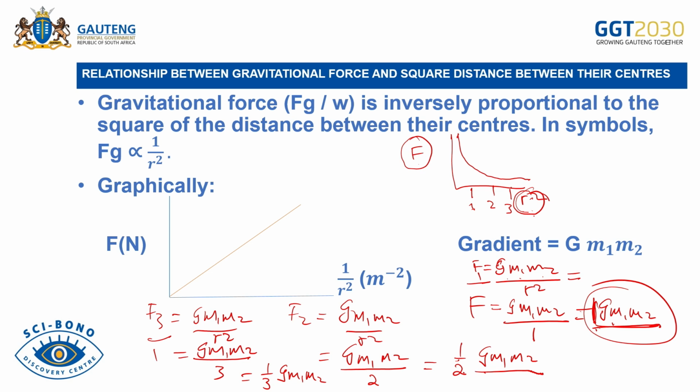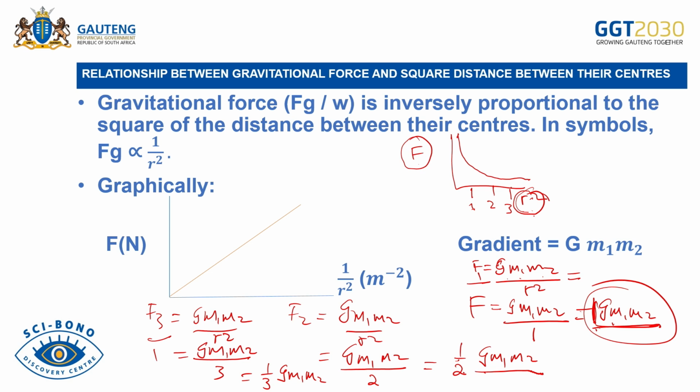It says that force is inversely proportional to the square of the distance between their centers. So when you increase your R squared, F should decrease, and we are seeing that when plotting those points on the graph.